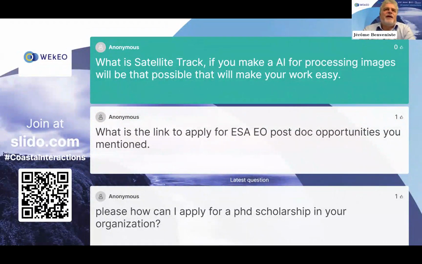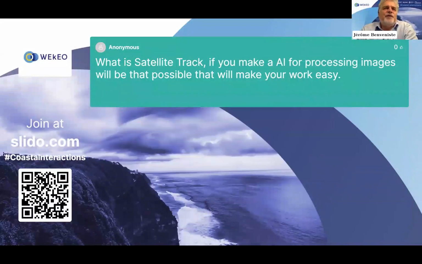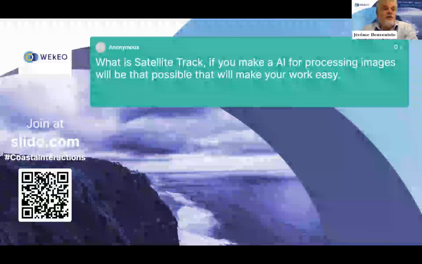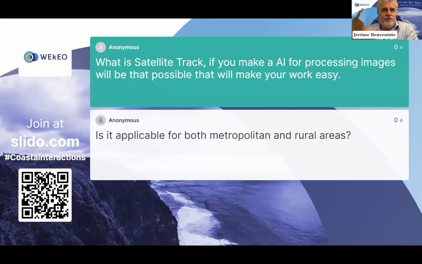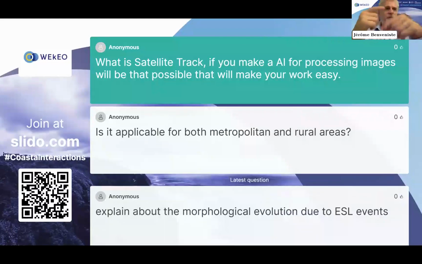Yeah, so we use AI all over the Science Hub at EO for Society, Earth Observation for Society. The satellite track is just the fact that the radar altimeter is measuring right under, at nadir, and so we have a track. Imagine, just like when you roll a ball of wool, you have this wool thread, and so this is the track.